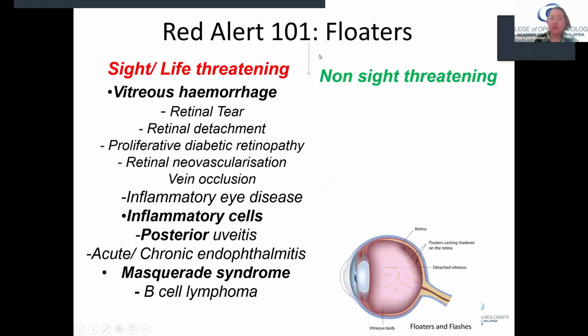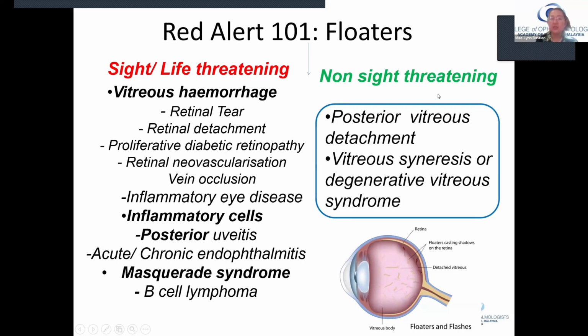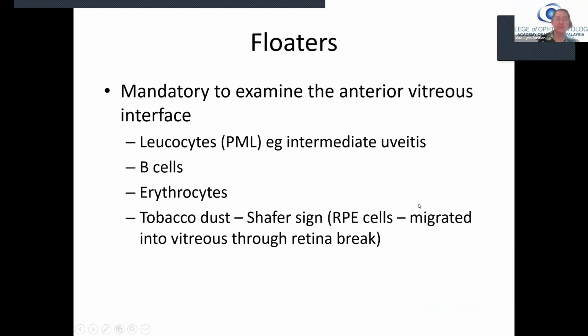So the red alert on floaters will definitely be to make sure we don't miss sight or life-threatening causes, including vitreous hemorrhage, retinal tear, and retinal detachment. You can have PDR, neovascularization, and all those causes I mentioned, including acute or chronic endophthalmitis, and even masquerade. Now, the non-sight threatening causes will be like PVD or vitreous syneresis, which may still be troubling to the patient, and we'll look at those later.